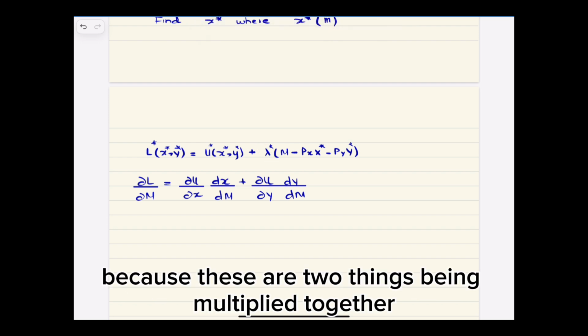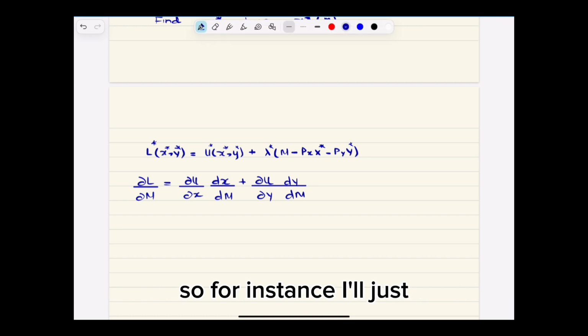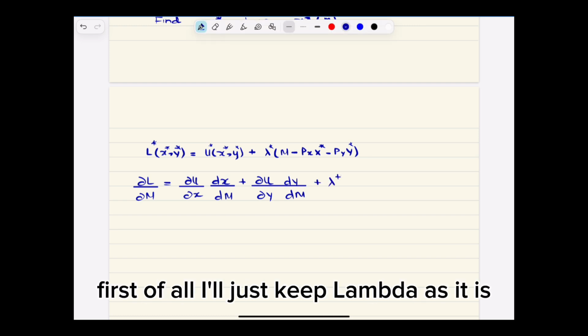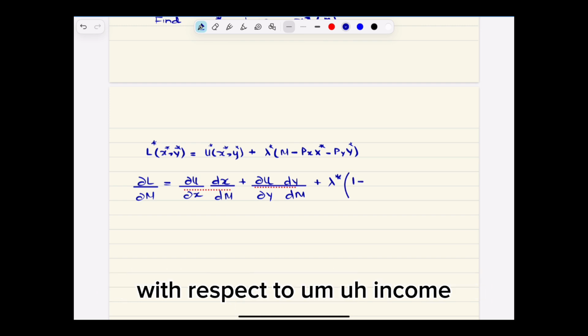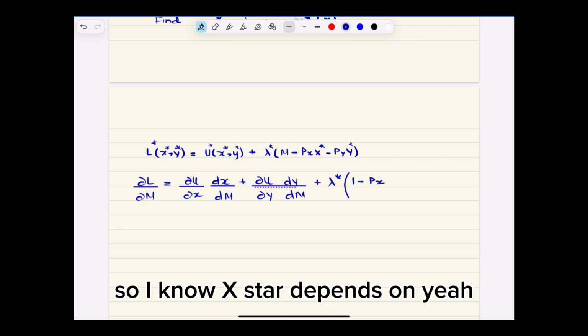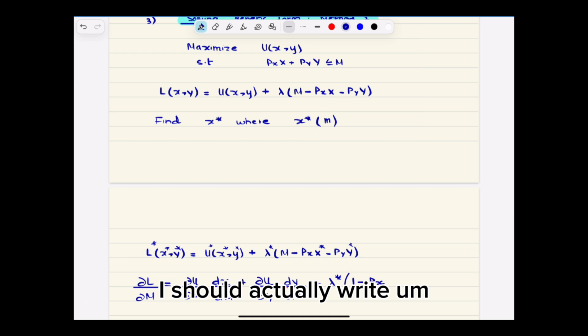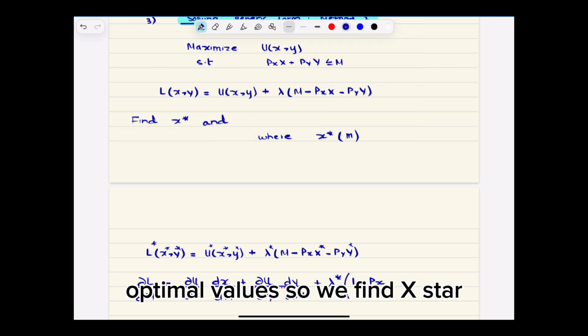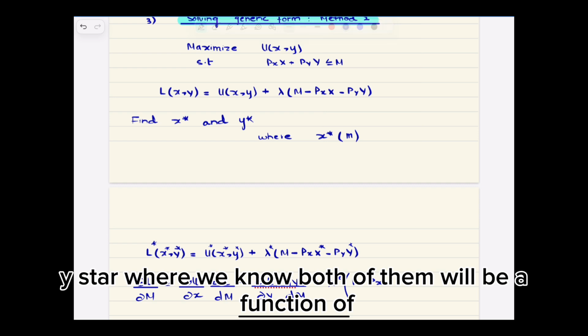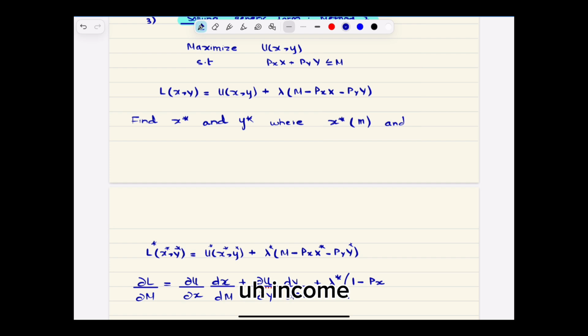So because these are two things being multiplied together, we're going to have to use the product rule. So for instance, first of all I'll just keep lambda as it is, and I'll take the derivative of the inside expression with respect to income. So I should actually write, we find X star, Y star, because these are two optimal values, where we know both of them will be a function of income.